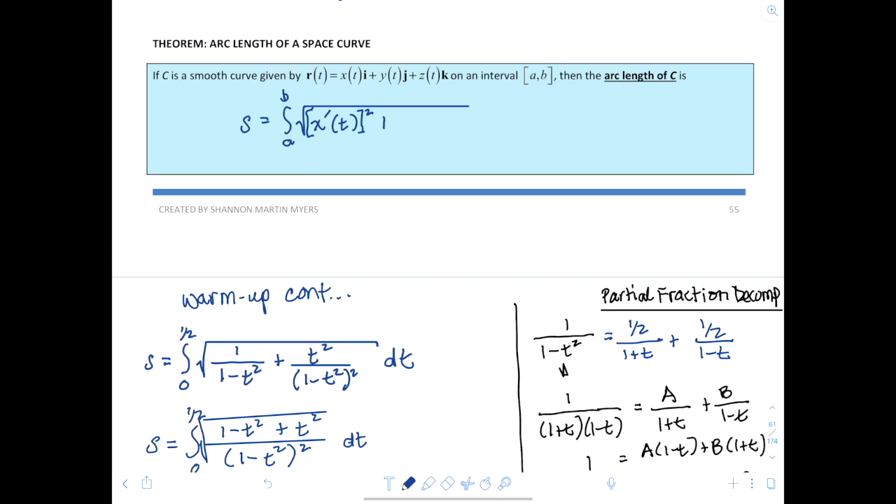And then plus y prime at t, the quantity squared, and then plus z prime at t, the quantity squared, and that's with respect to t. And of course, you could also write this as the integral from a to b of the magnitude of the vector r prime at t with respect to t. Cool? Awesome.